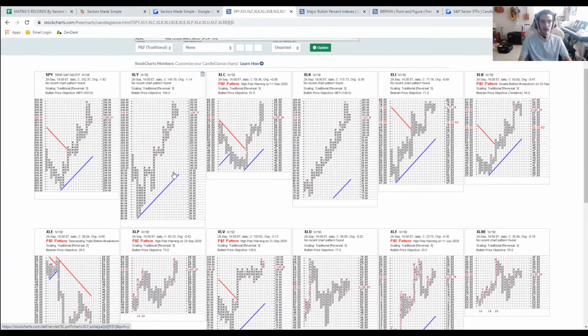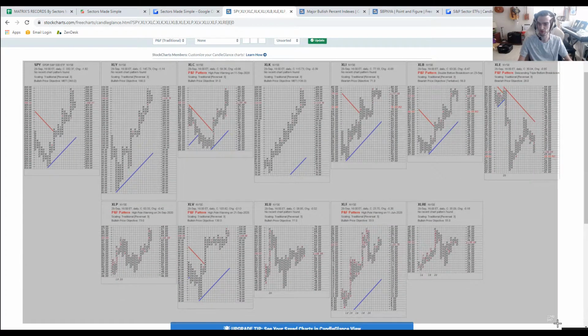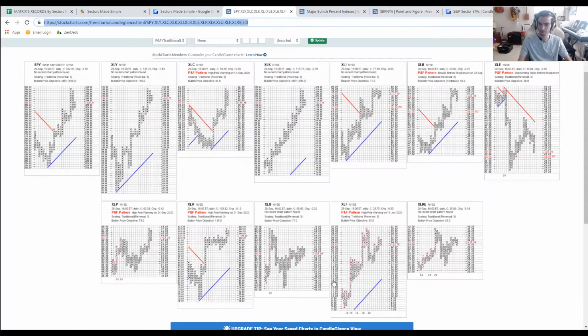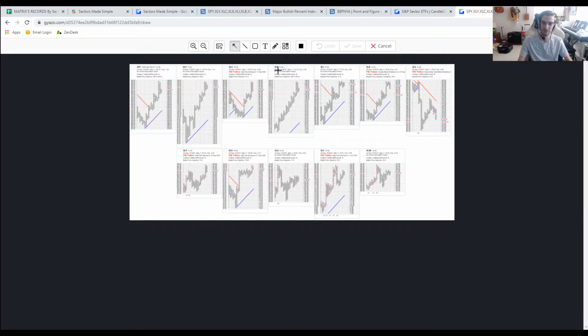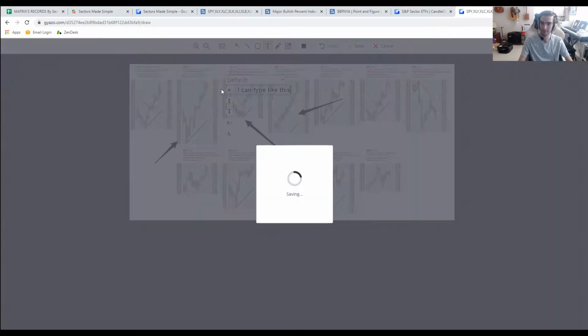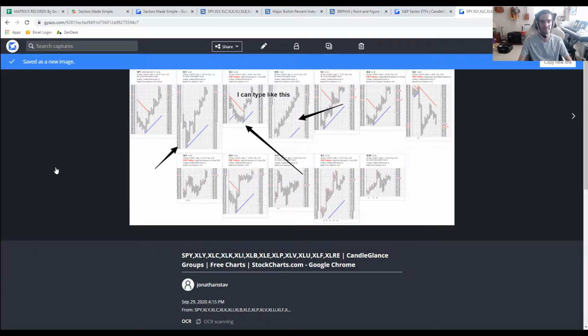And the reason I love Gyazo is because, say I take this big screenshot, I then can go up here to edit. I can draw arrows. I can type like this. You can do all sorts of edits that you want and then save them.